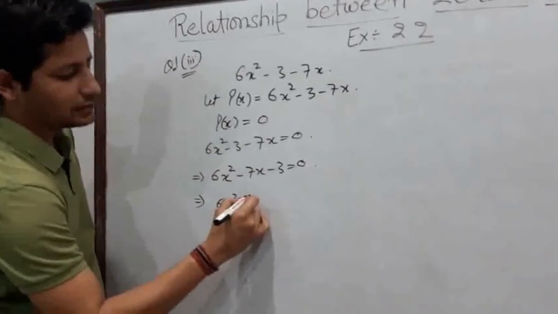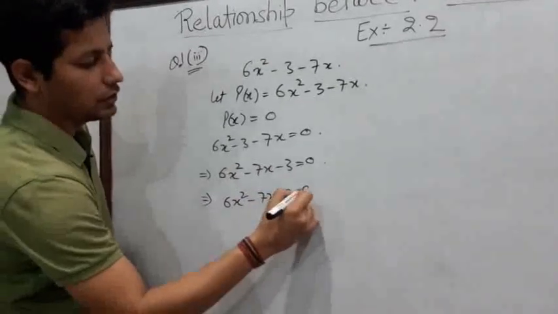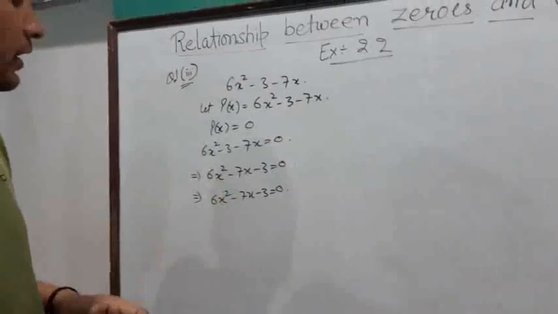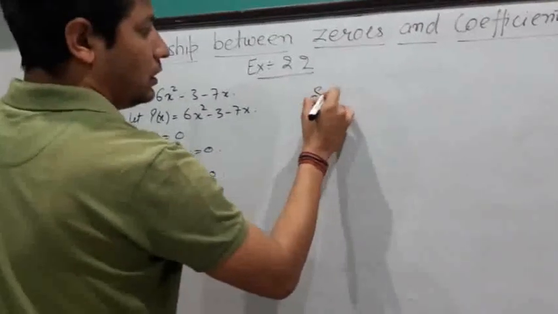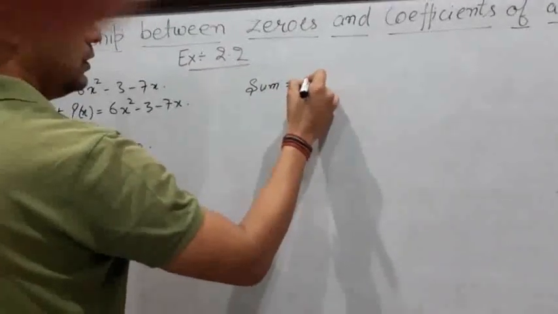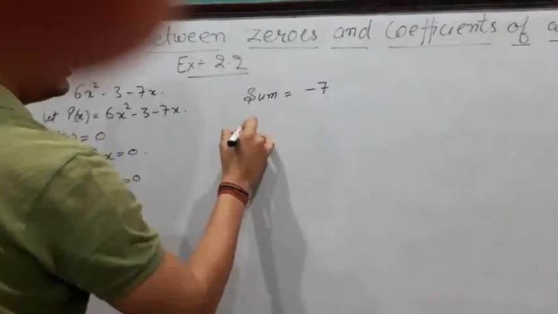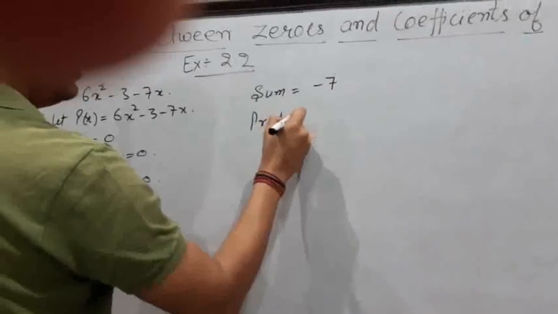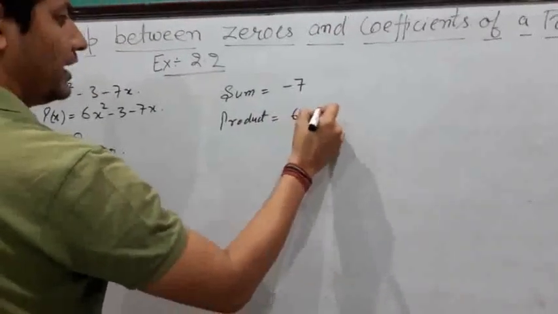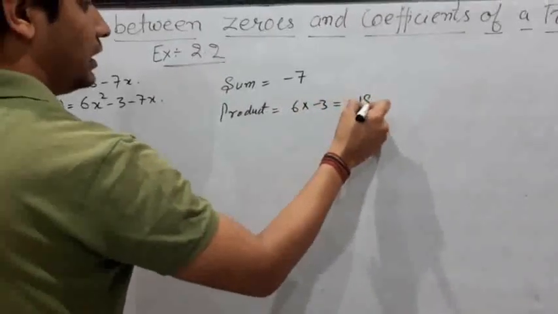We have to split the middle term in such a way that the sum of the two factors should be equal to minus 7 and the product of the two factors should be 6 into minus 3, which is equal to minus 18.